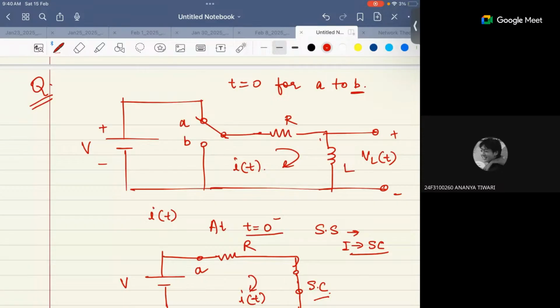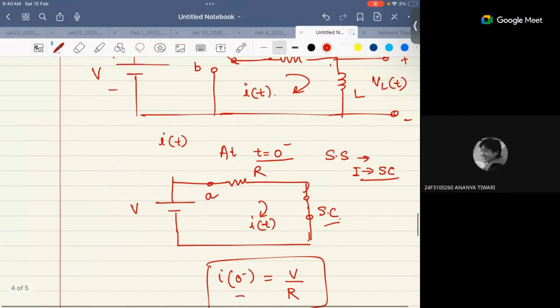You have to take care of the initial current, because the inductor opposes the change in energy, basically the change in current. So whatever the value of the current was at 0 minus, you have to calculate it, because the present will be affected by the past value of the current.